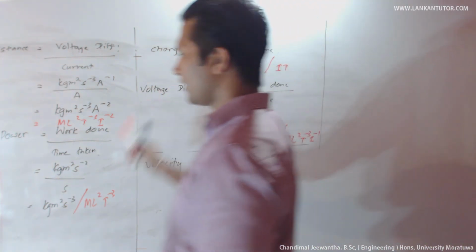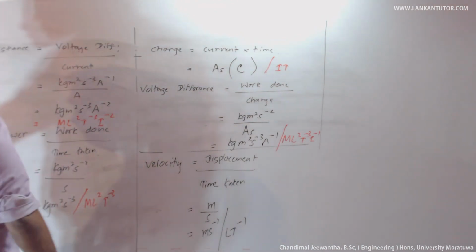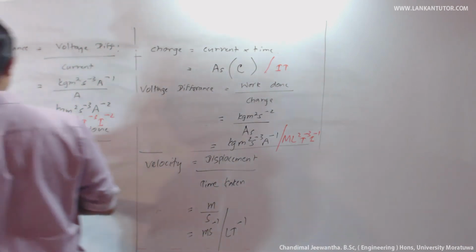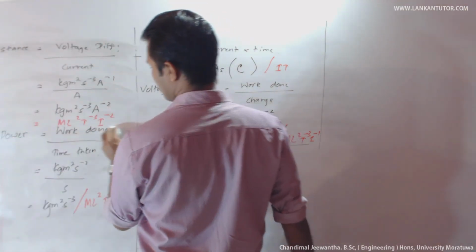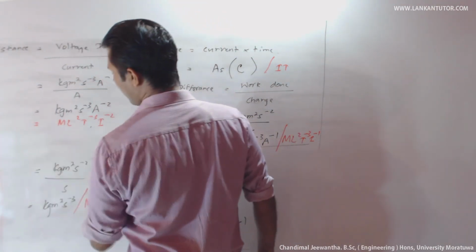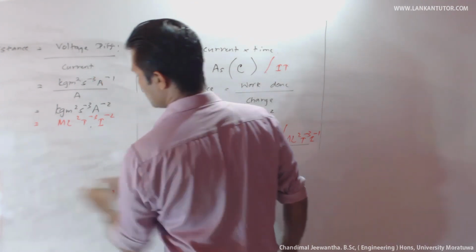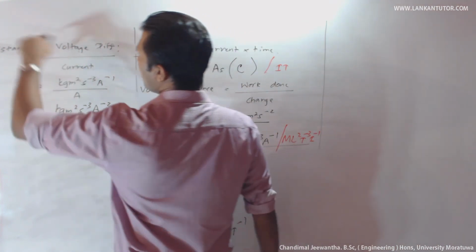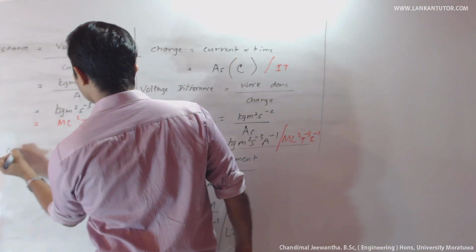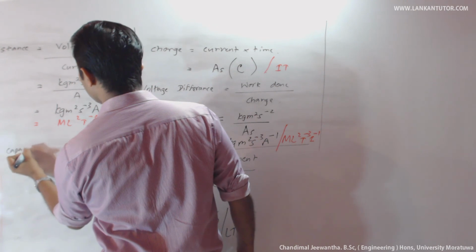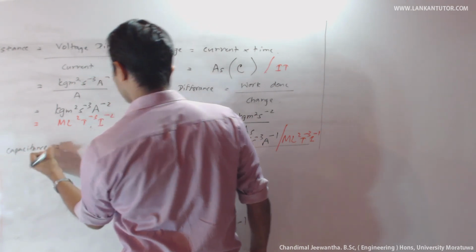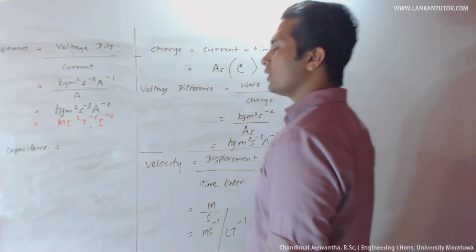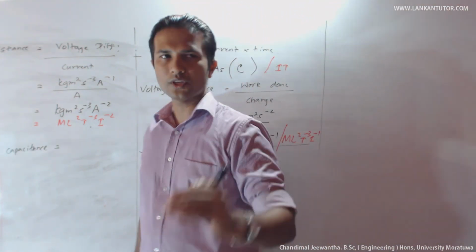Then we can go through capacitance, which is under electrostatics. When finding the unit and the dimension of capacitance, you have to make use of the equation Q equals CV.